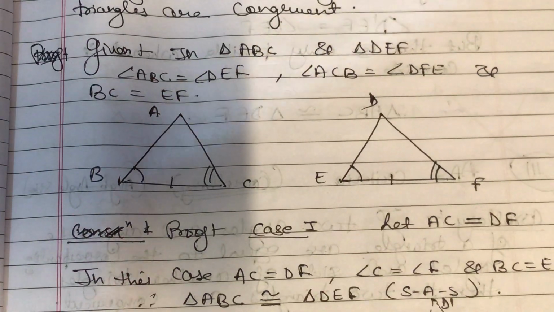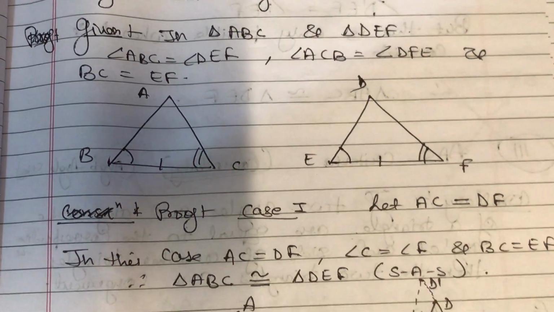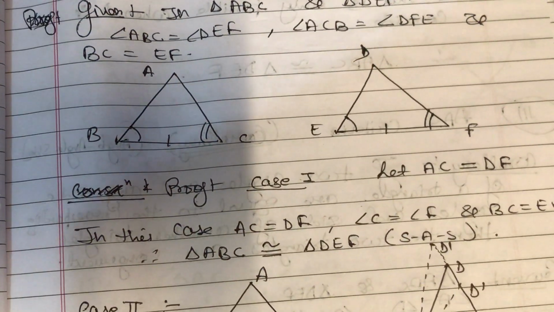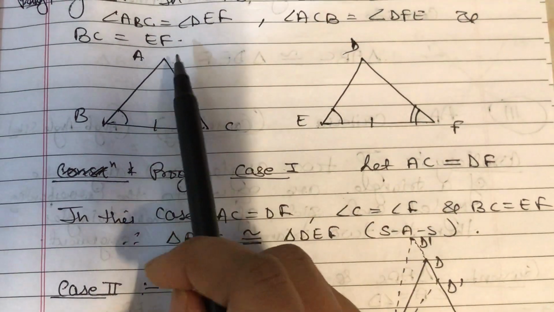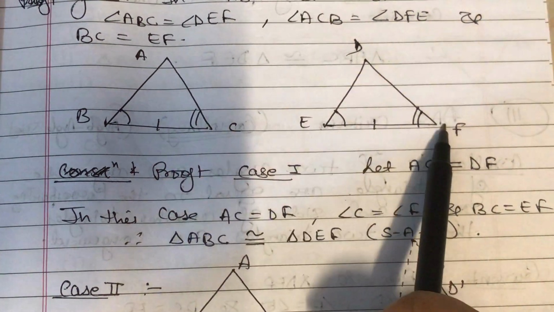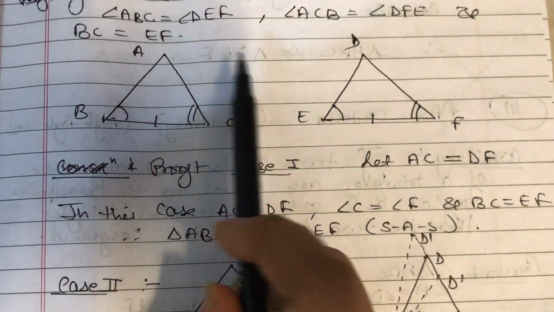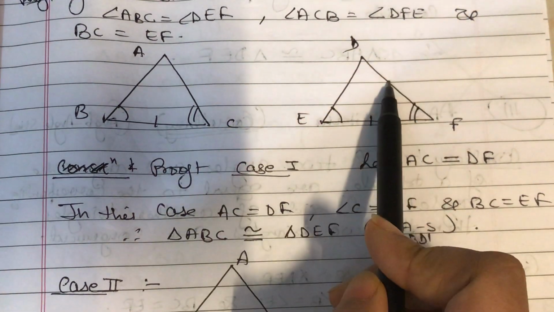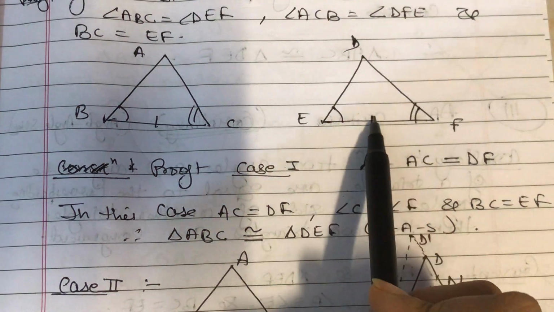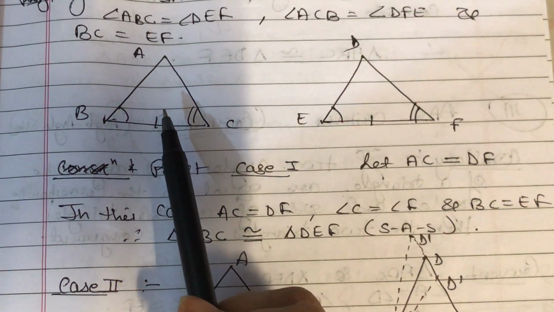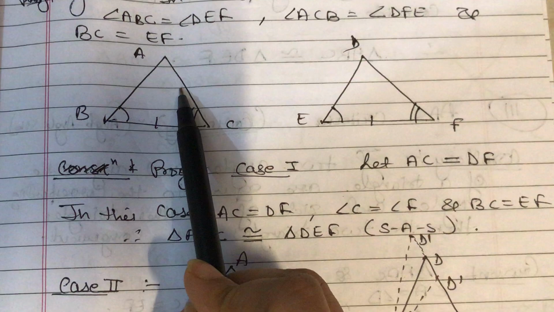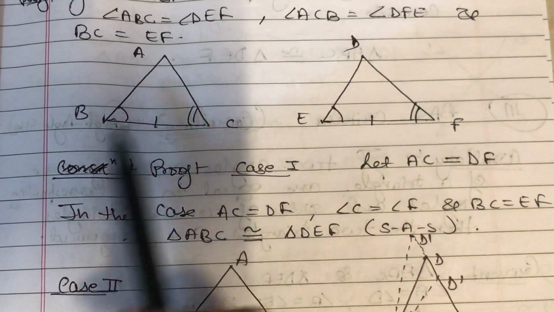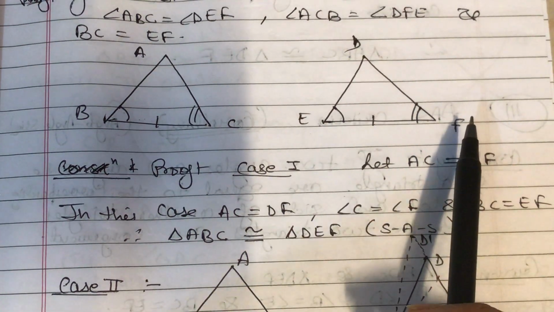Now, let us assume case 1 where AC is equal to DF. When AC is equal to DF, then definitely this side is equal to this side, this angle is equal to this angle, and this side is equal to this side, so by SAS, side angle side criteria, I can say that ABC is congruent to DEF.